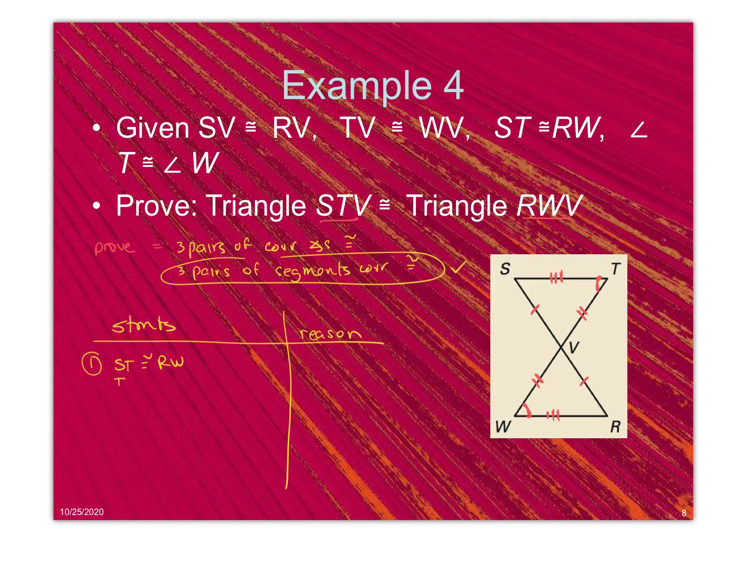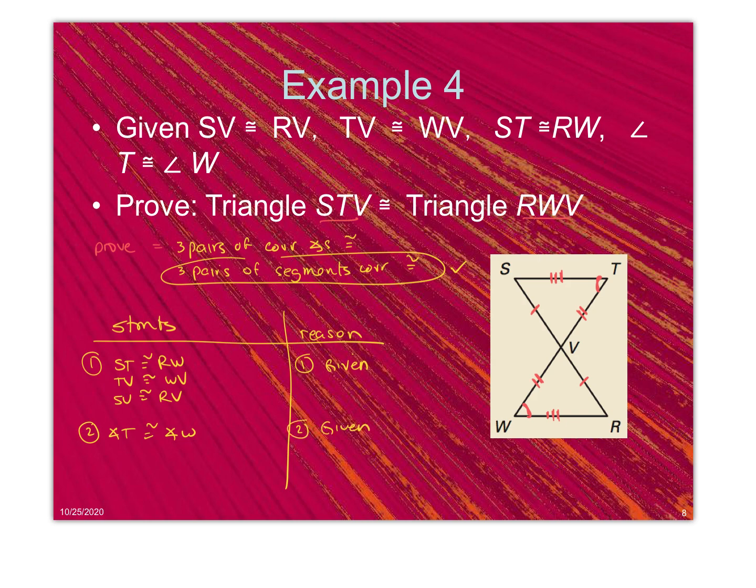TV is congruent to WV. And SV is congruent to RV. All of these have to do with the sides, so I put them together in the given. The second one is they gave us one angle that was equal. They told us angle T was congruent to angle W, and that was also given.